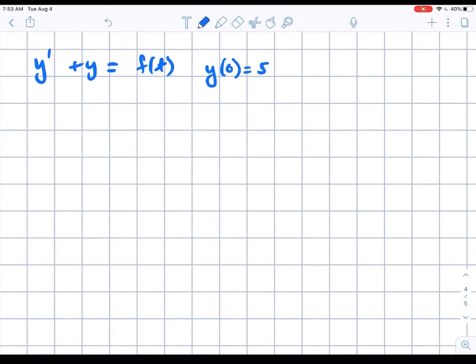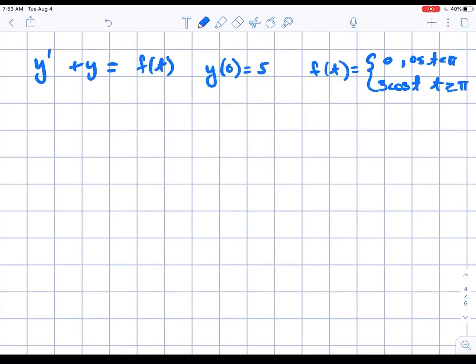And if I have f of t equal to 0, and then 3 cosine t where t is greater than or equal to pi. So this is the differential equation we want to use here.